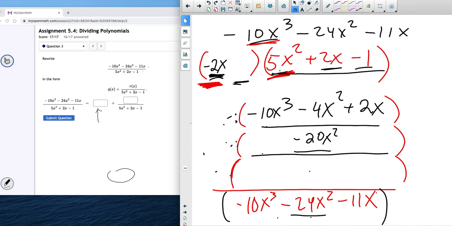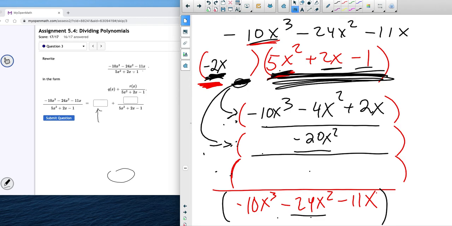Now we'll try and explain what we do the rest of this row. All right. So if this number times this thing gave us this row, whatever we have here times this will give us this row. So in order to get a negative 20x squared here, what would I have to multiply the 5x squared by?